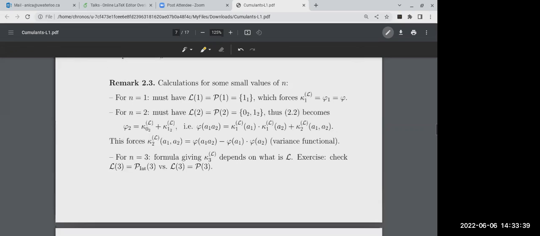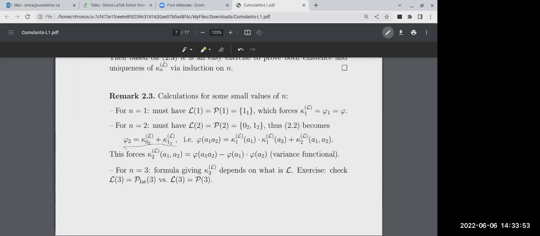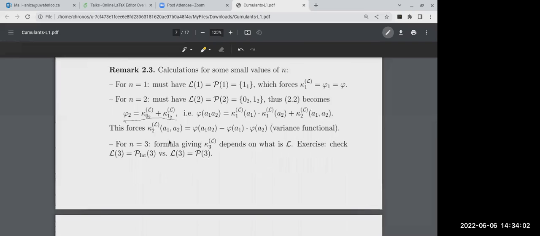For instance, this is how the basic moment cumulant formula works for n equals 2. There are only two partitions for n equals 2, and you immediately get that no matter what L we have, the second cumulant will have to be the variance functional.